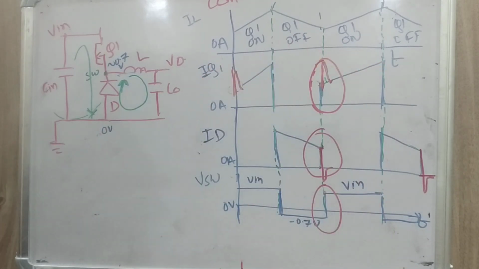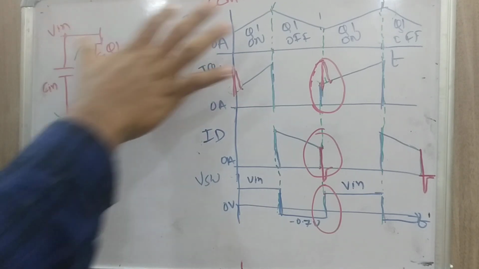So the diode reverse recovery current not only flows through the diode, but it also flows through the switch. So it affects your efficiency in a double way, right? So it happens in diode also, and you need to consider the power loss in power loss calculation for the switch also. So this is the CCM mode, right?